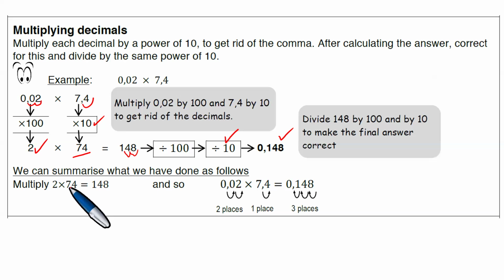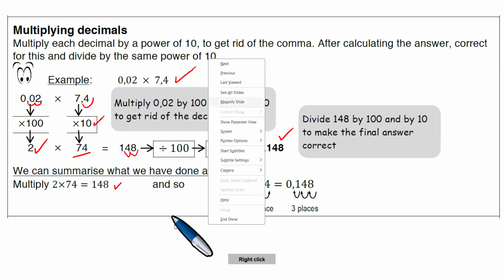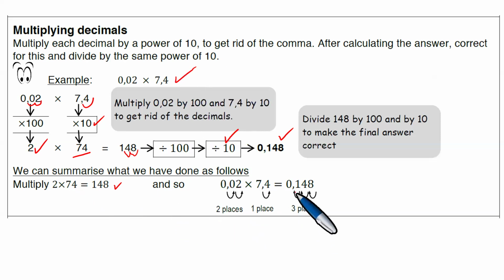Multiply 2 times 74, which gives us 148. And so, for example, interesting. And so 0,02 now multiplied by 7,4, what does it give us? So it gives us 0,148.